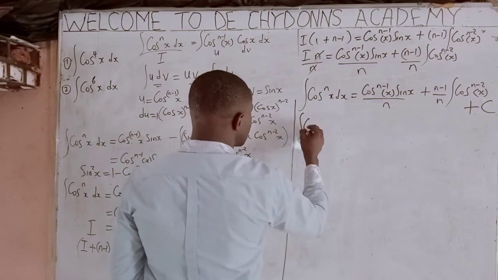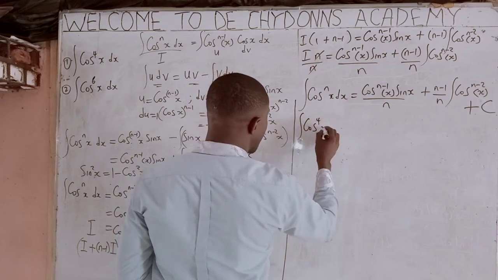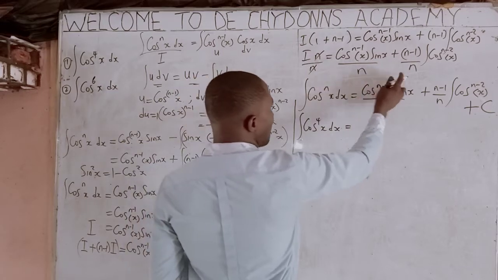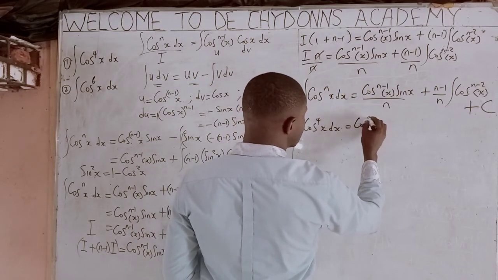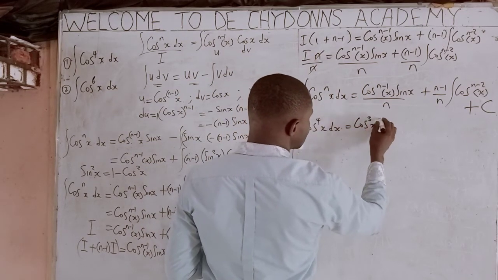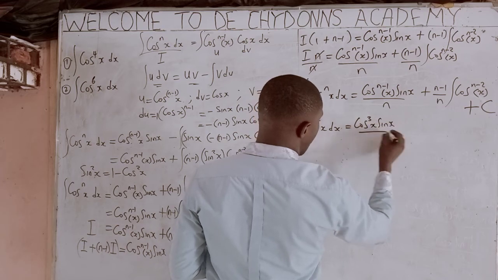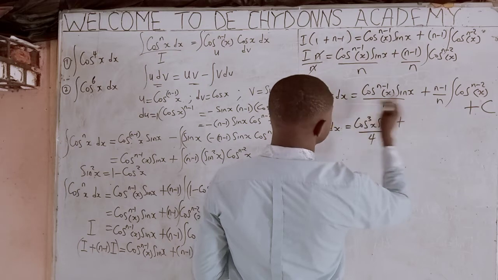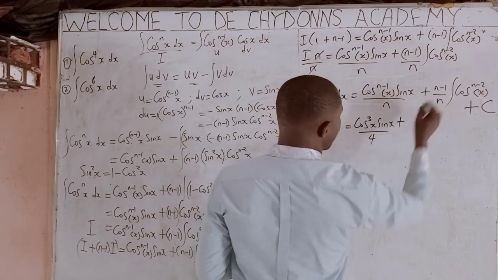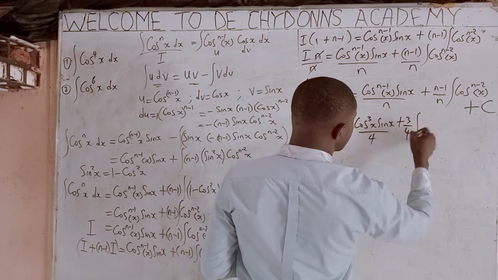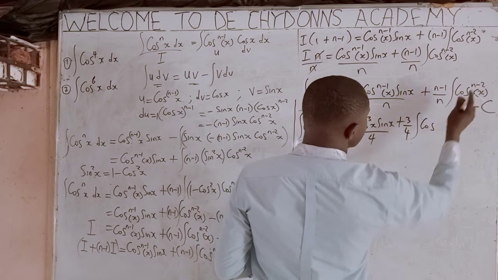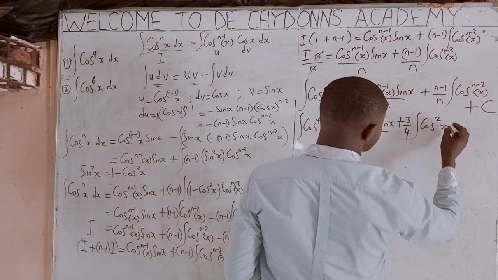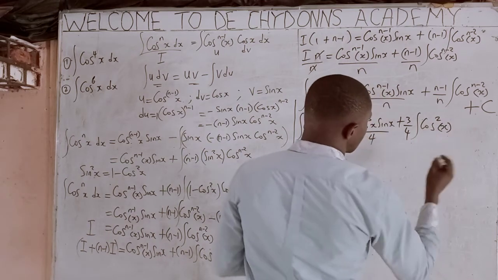So integrate cos^4 x dx. Our n is 4. 4 minus 1, cos^3 x sin x all over 4, because n is 4, plus (4 minus 1) 3 over 4 integration cos^(4-2)x, that is cos^2 x.